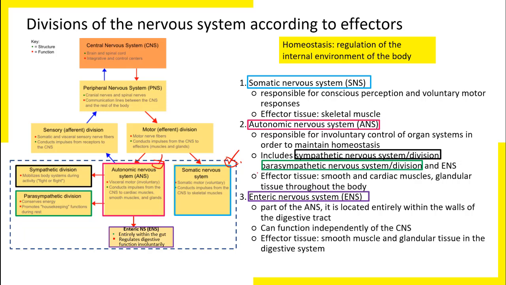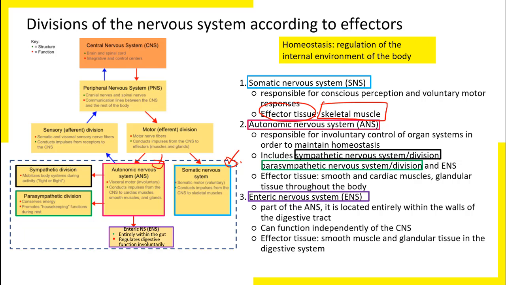The effector tissue connected to the somatic nervous system is the skeletal muscle. Skeletal muscles are voluntary muscles, and they're responsible for conscious perception and voluntary motor responses. So that's the somatic nervous system.